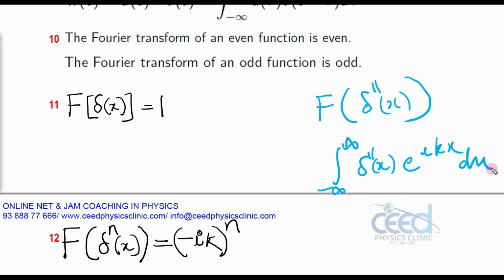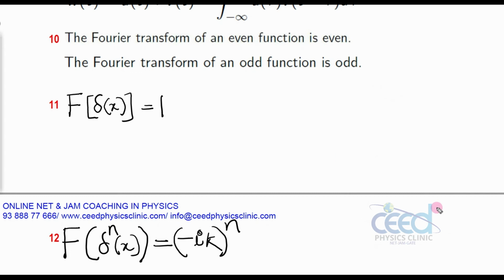So the Fourier transform is minus ik whole raised to the nth derivative, that is 2. Minus squared is plus, and i squared is minus 1, so the answer is minus k square. So this will be the result. These are all very important results when we do problems.